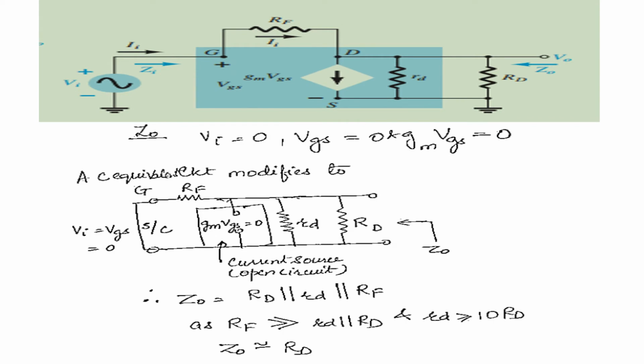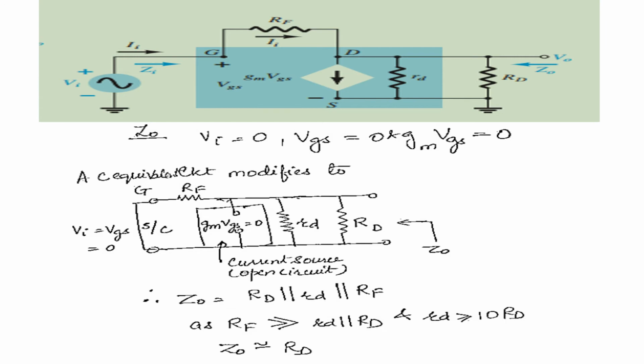Now we have to find out the output impedance Z0. So what are all the things we need to find out? Z0 is the output voltage and the output current. So for this, your gate to source voltage is 0. Therefore your gm Vgs is going to be 0.